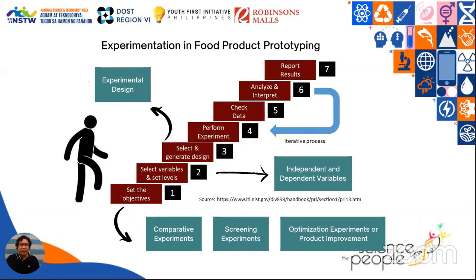Like for example, let's just say na you are developing chips. Pero hindi mo kinonsider in your parameter yung crunchiness niya. Okay, so hindi mo measure. So that could be very dangerous because we know na chips, it's very important for chips, yung crunchiness or yung crispiness.